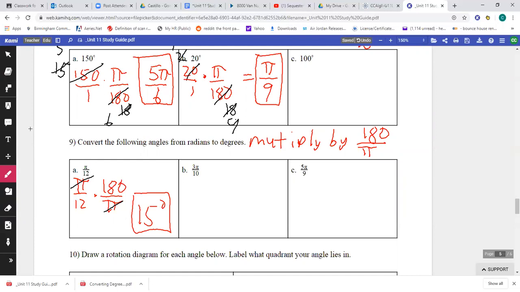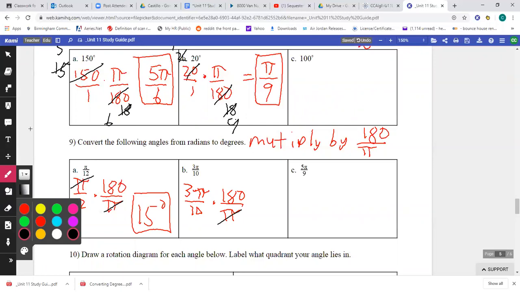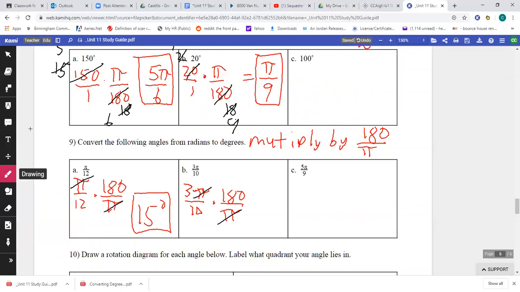Okay. Now, letter B. I'm going to do one more with you. So 3 pi over 10, and I'm going to multiply it by 180 over pi. So once again, the pi's will cancel out. And so all you do on your calculator is multiply the top, 3 times 180, and divide that by 10.